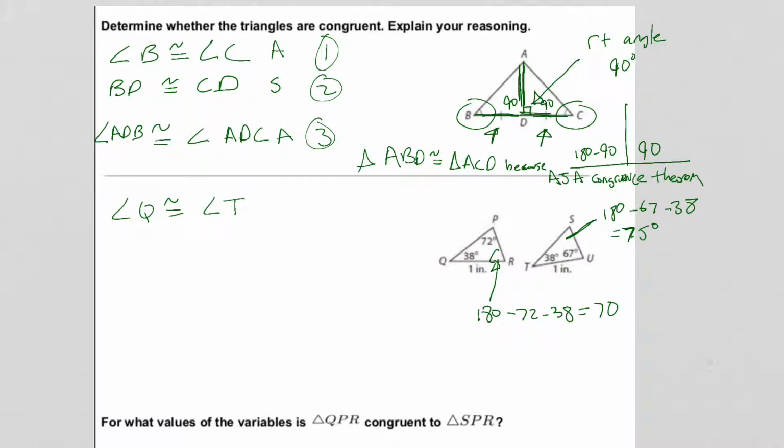Other than these sides, we know QR is congruent to TU, but we don't have a third angle.